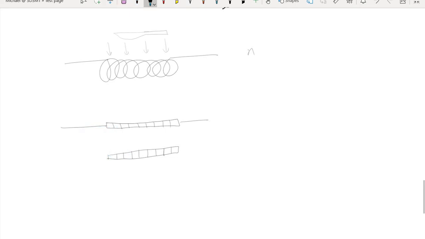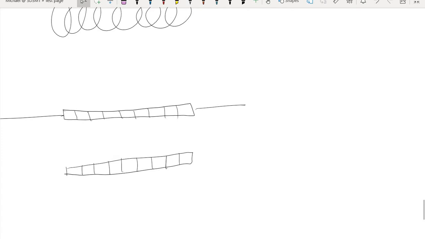So let's say for our purposes, every time the coil carries the current out of the page, that's at the top cross section. And then every time the coil carries the current into the page, that's at the bottom cross section.